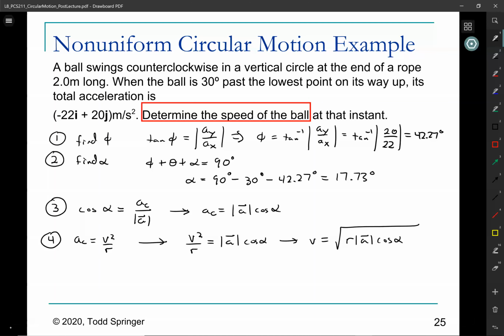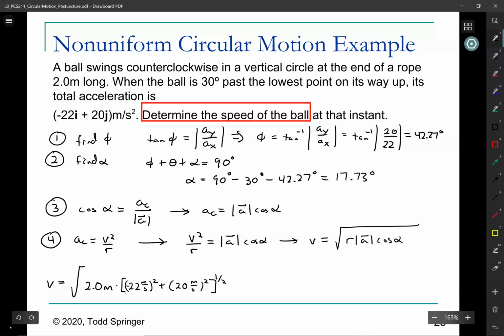Now let's plug in the numbers. V is equal to square root, r is 2 meters. The magnitude of A, got to be a little bit careful, so I got to use square root of ax squared plus ay squared. So I'm going to have 22 meters per second squared plus 20 meters per second squared.